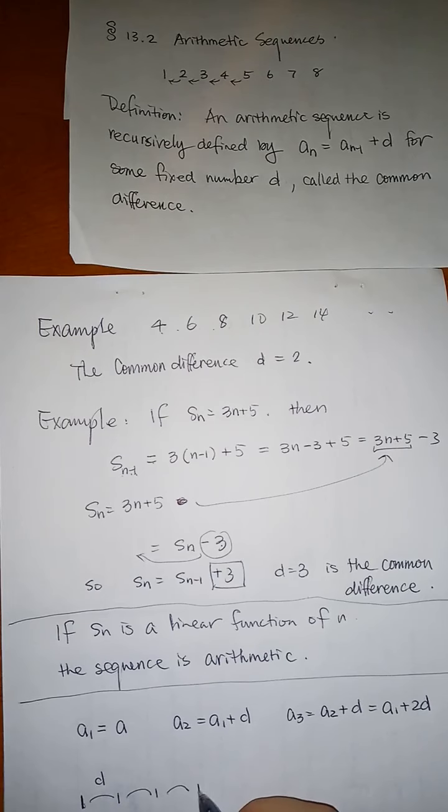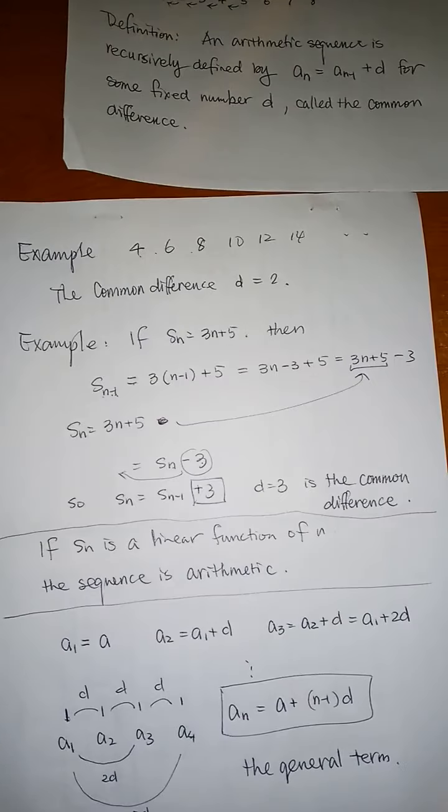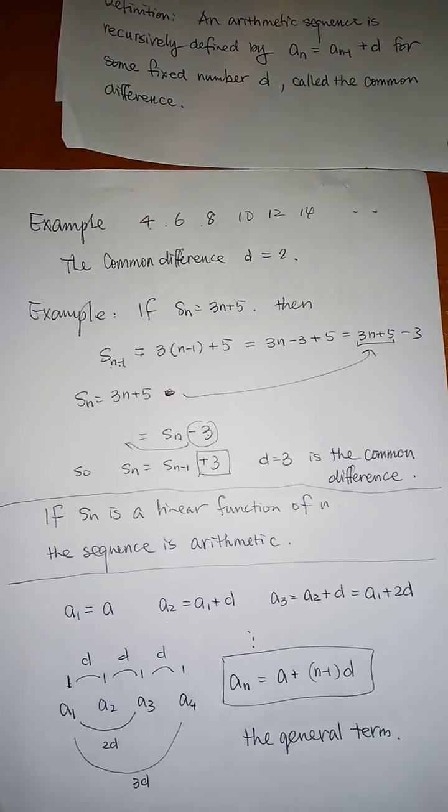Then you get the next one, A4. A4 means from the first term you get 3D. So if you continue this, An will be: you start from the original term, you get n minus 1 times D. So this is the general term.